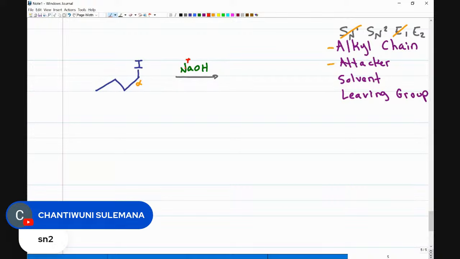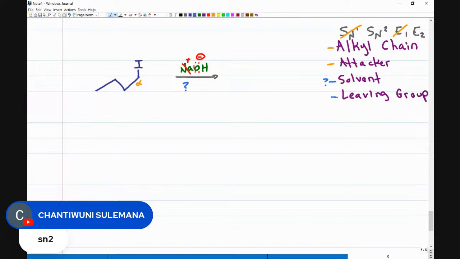An Na plus positive spectator with an OH minus is a strong attacker. That means it will have to be a 2-type reaction, SN2 or E2. And typically I look at my solvent to differentiate between them, but we have no solvent given. And sometimes professors will do that on purpose. Okay, let's hold that thought.